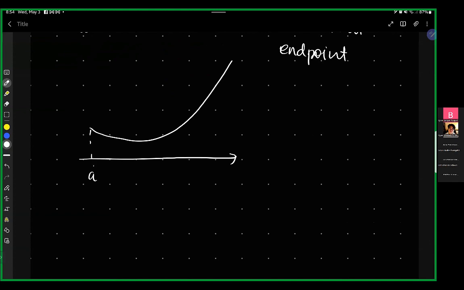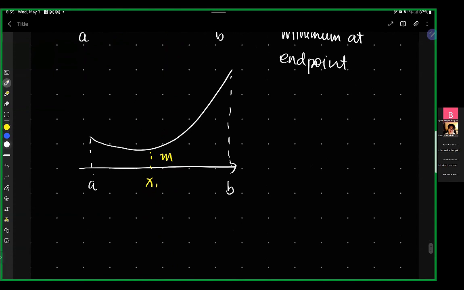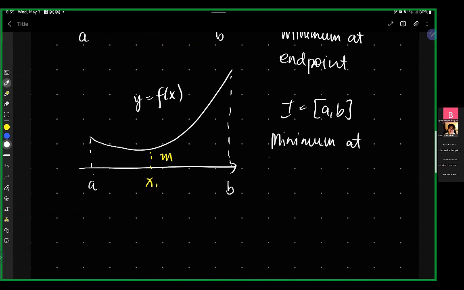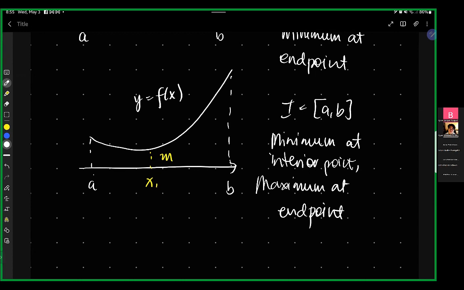So for the last case, we can have a function that looks like this, again bounded by A and B. So this is your function y equals f of x, and particularly in this case, we have a minimum at an interior point and maximum at an endpoint. Similar with the case before, we can have the maximum on either side, so we can have a function that looks like this again.